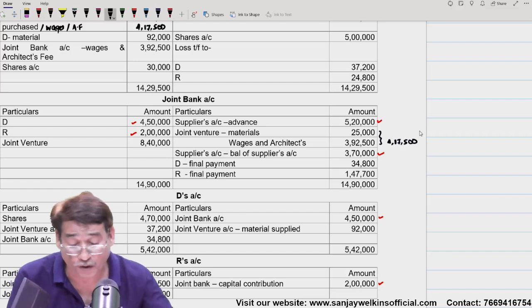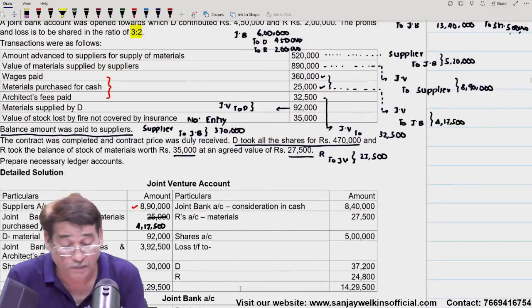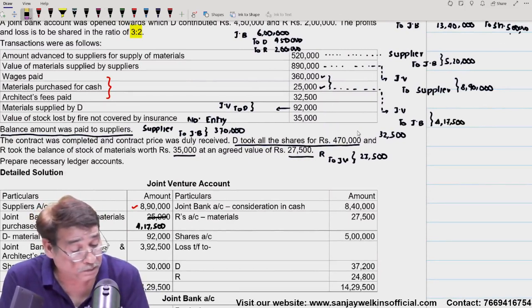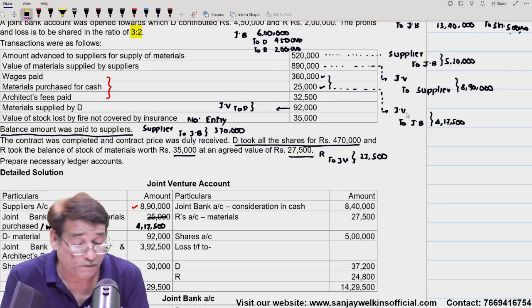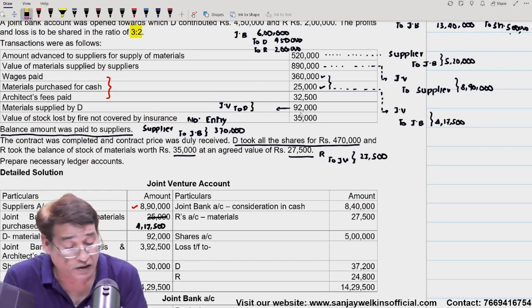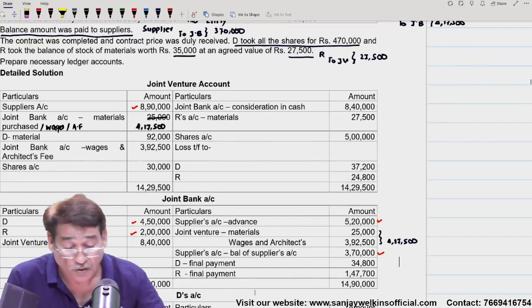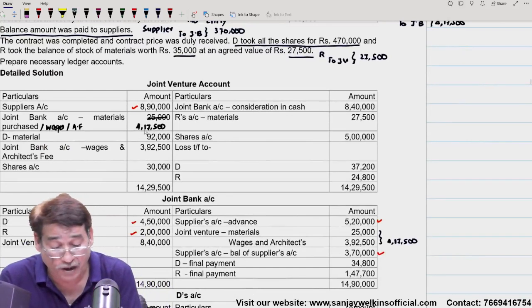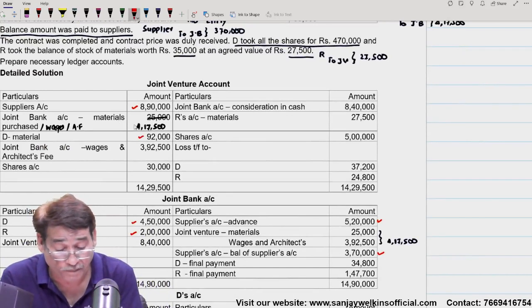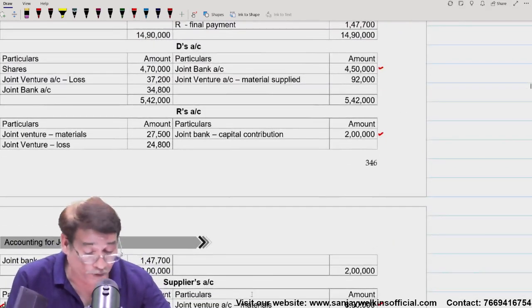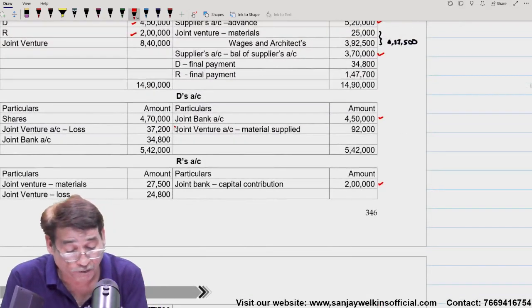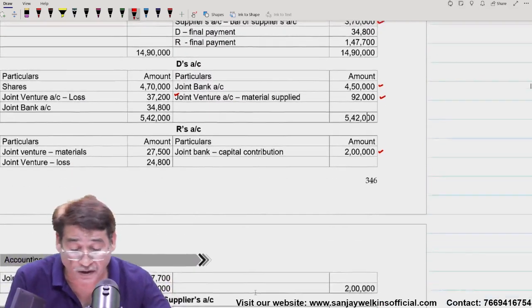Fine, no problem. Then it is given that material supplied by D. Now you cut also this line. Correct? After this entry, the next entry will be material supplied by D 92,000. So on the debit side of the joint venture, we are going to write here to D, and in the column of D, we are going to write by joint venture 92,000. It is correct.